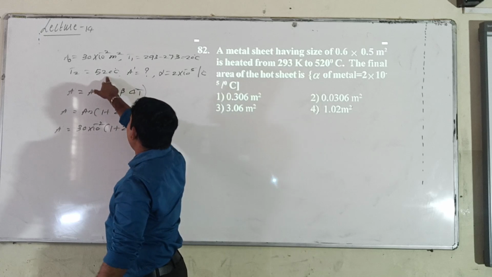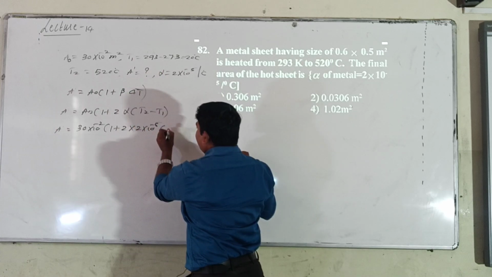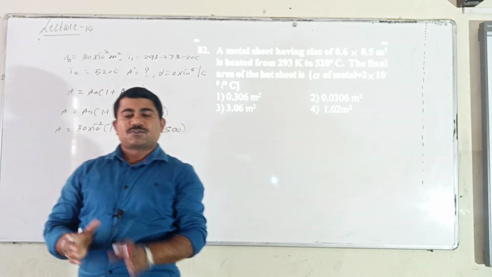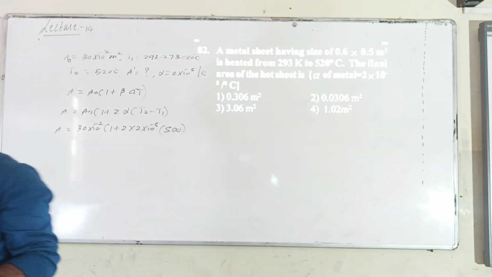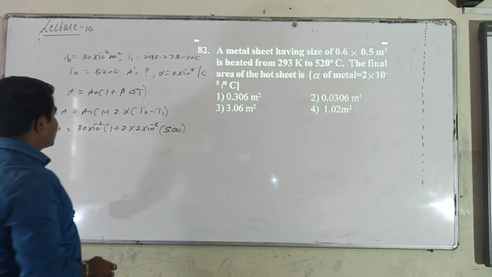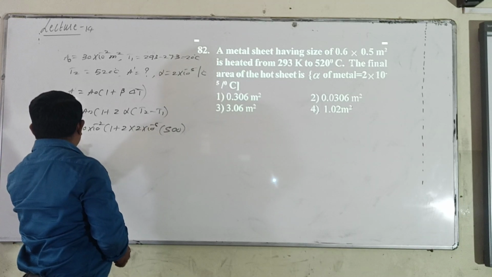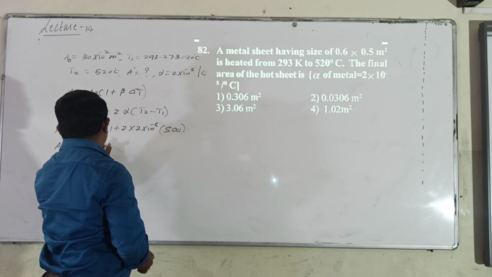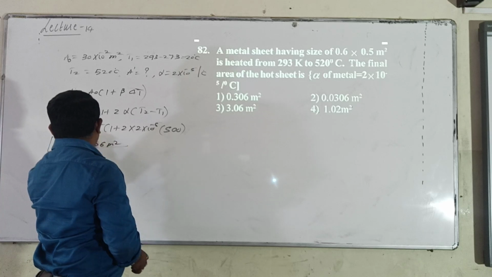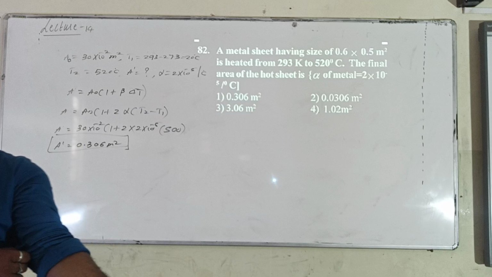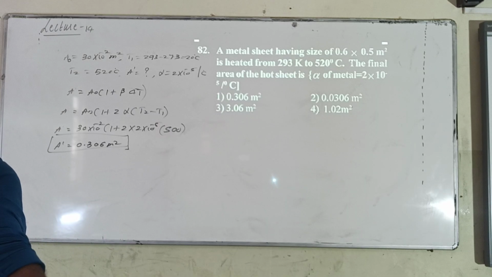T2 is 520, T1 is 20, so this is 500 degrees Celsius. Let us calculate the value we are getting. From this you can get nearly 0.306 meter square. You can choose option number 1 directly.